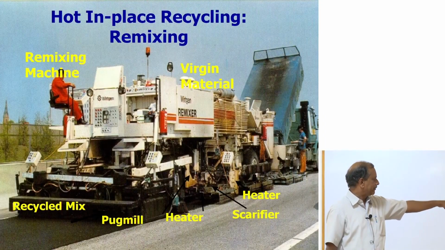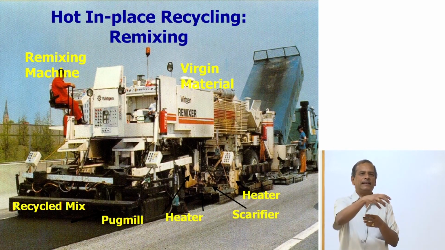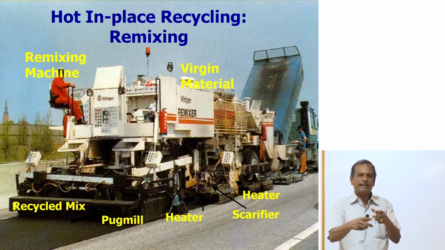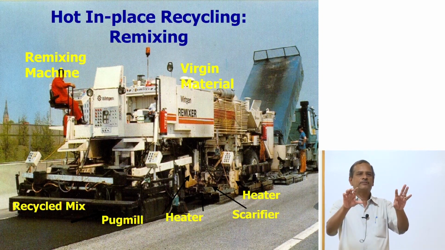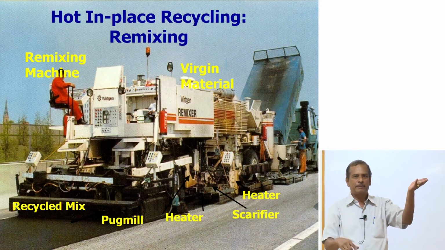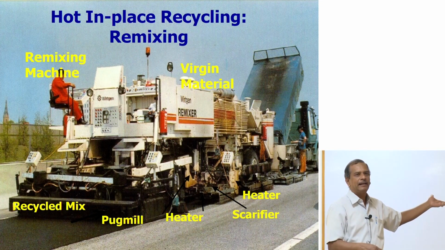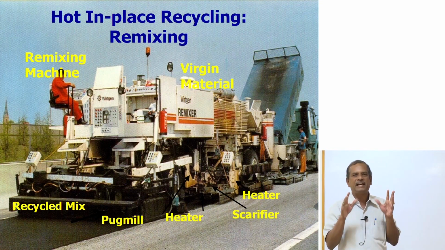Once I scarify the material, you have a pug mill where I bring in virgin material, aggregates, mix the material and lay it back. With the result, the finished road surface will be approximately similar to that of the old deteriorated pavement. I am reusing the material, so the requirement of virgin aggregate will be very, very less.